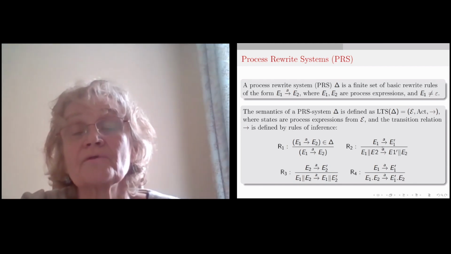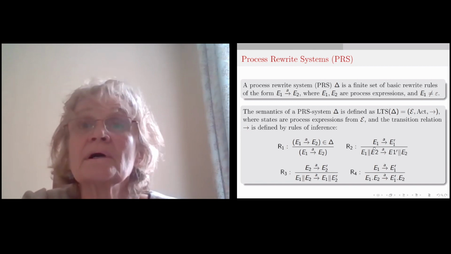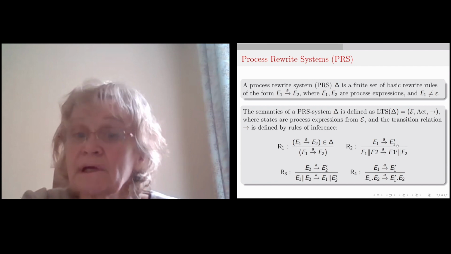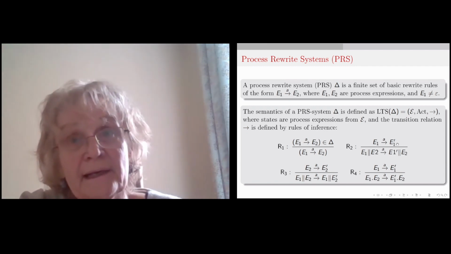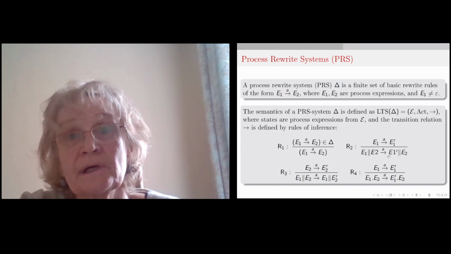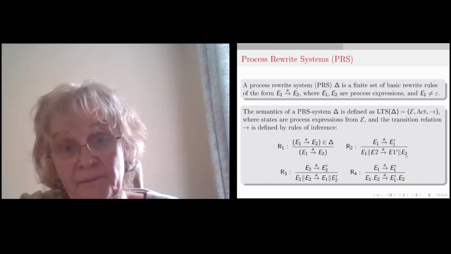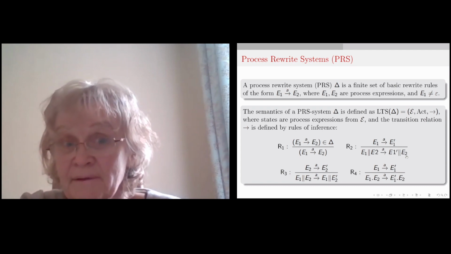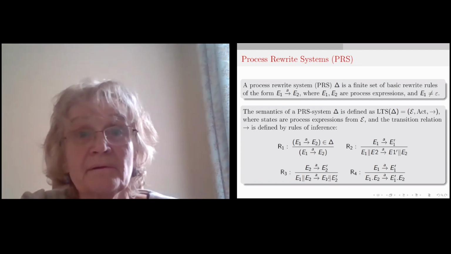For parallel composition, it means that if for E1 we can fire A and get E1 prime, then in this parallel composition we can do this substitution, and E2 is still the same. They are independent, they are concurrent. This is symmetric.